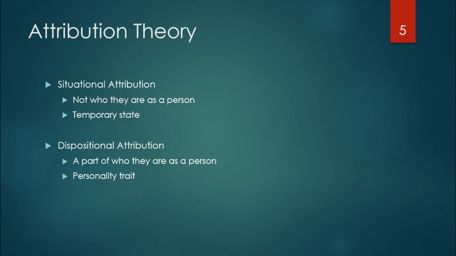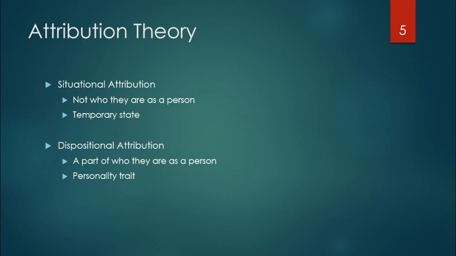Now, we talk about two different types of attributions in attribution theory: situational and dispositional. These are kind of just fancy words for what we were just talking about on the previous slide. If we attribute someone's behavior to the situation, that is a situational attribution. If that's the case, then we kind of say to ourselves, that's not who they are as a person.